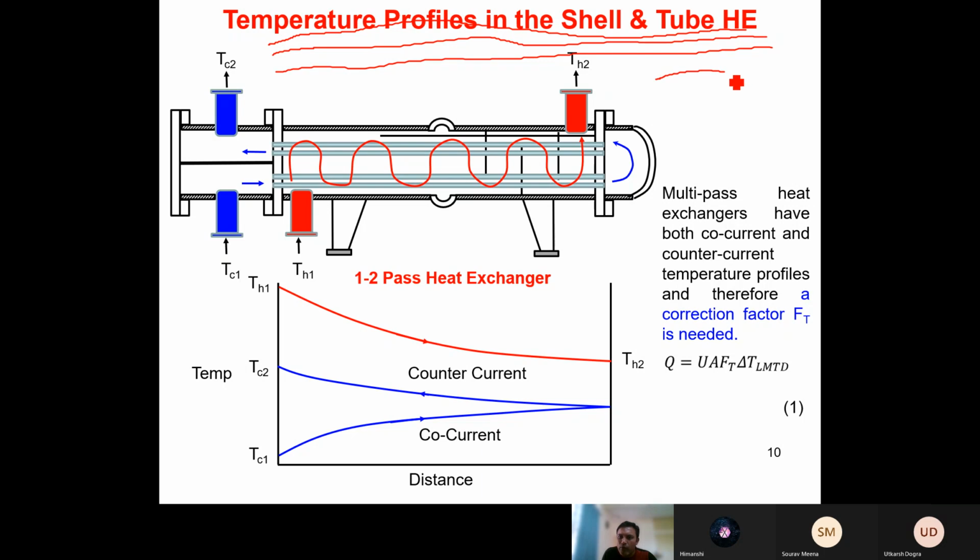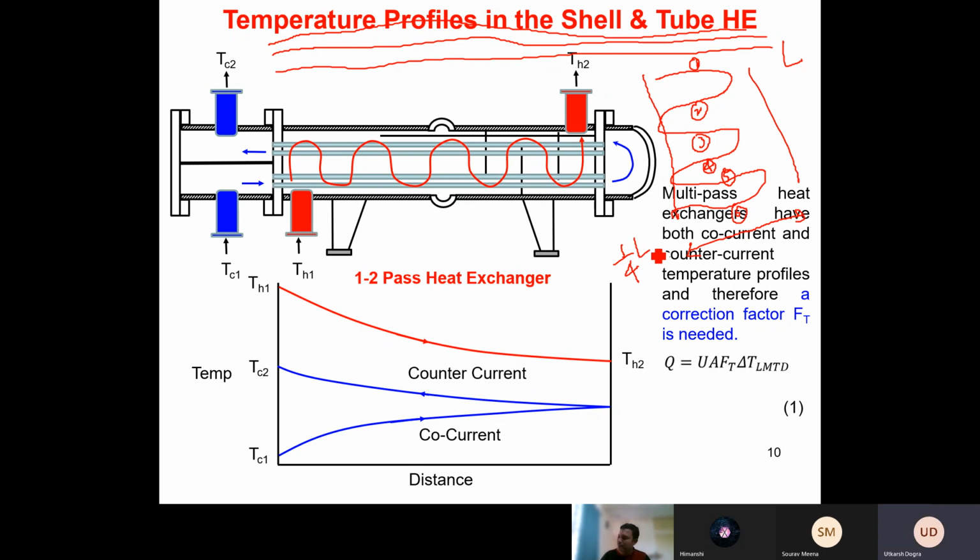Or I can have a tortuous path like this for the tube side. So this is one pass, this is two pass, this is three pass, this is four pass, this is five pass, and this is six pass. So now this total length will be 1/4 times this length. Do you agree or not? Yes, sir. Got it.